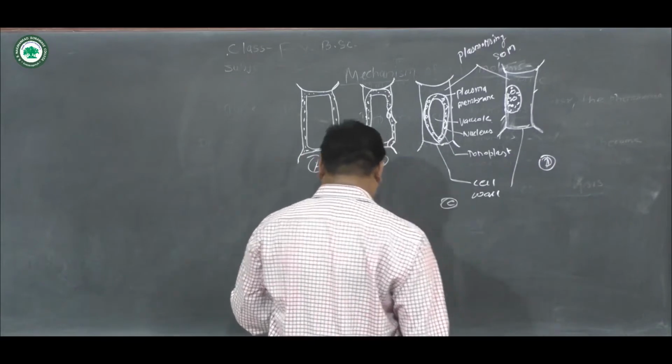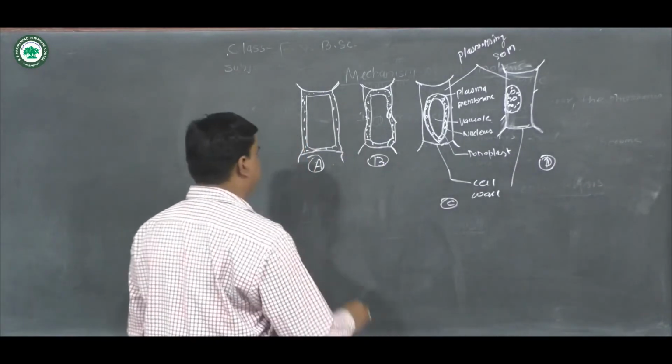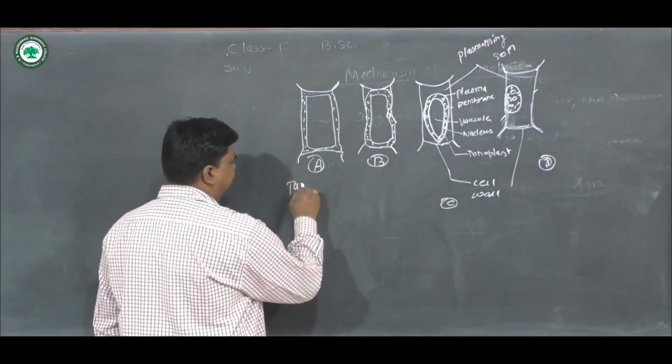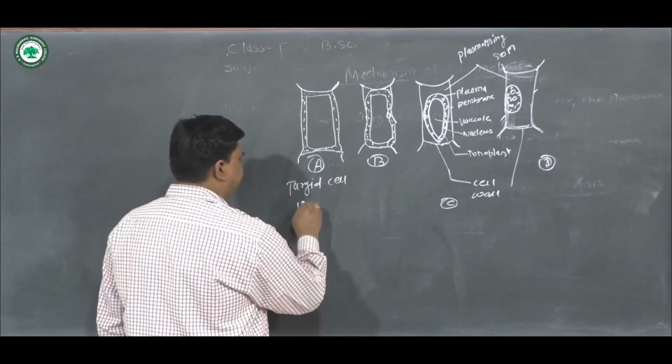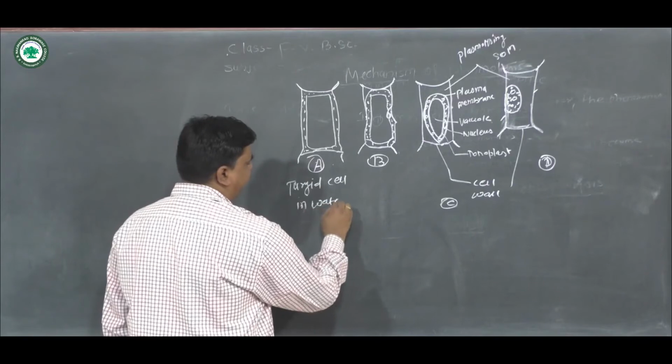Okay, figure A is the turgid cell in water.